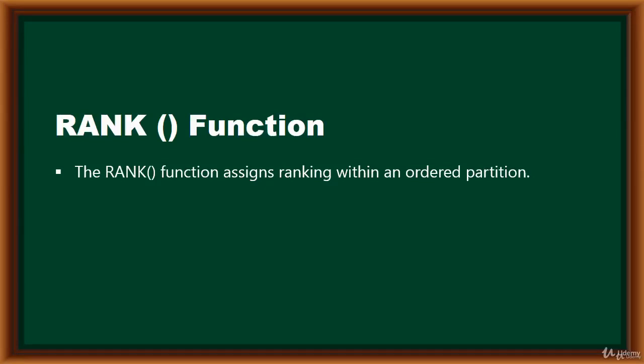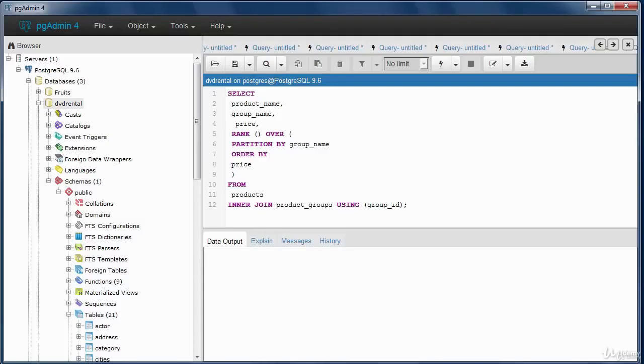If the values of two rows are the same, the rank function assigns the same rank, with the next rankings skipped. So if you've got two rows having the same rank, it will assign them the same rank, but it will skip the next ranking.